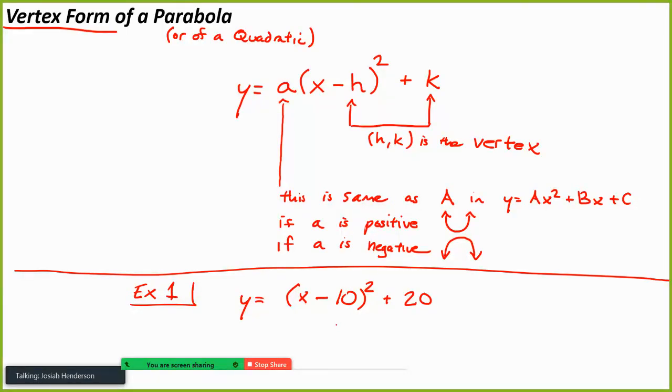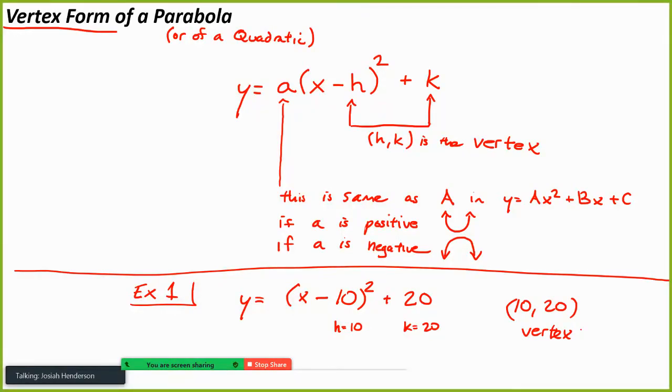So this is our h number, and 20 is our k number. So the vertex of this would be 10, comma 20. In the formula, it's built in as x minus h from above.